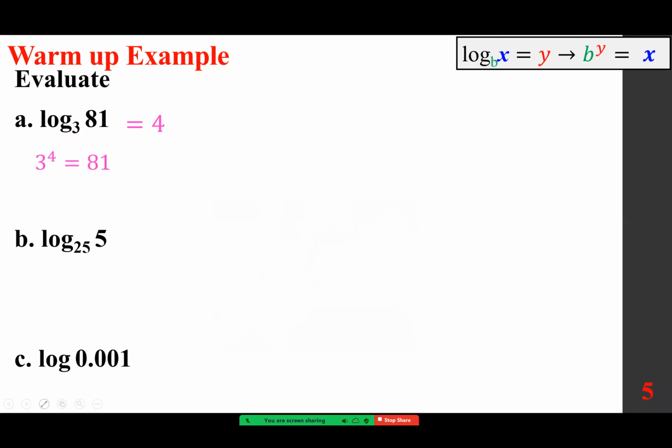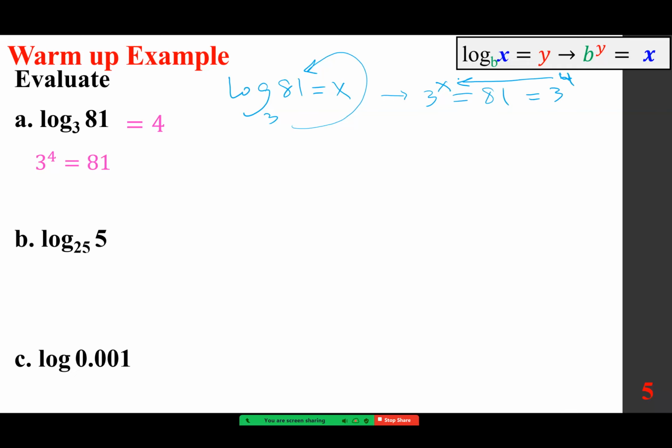However, we could actually work it out in the following manner, and we write log base 3 of 81. I don't know what the answer is, so I'm going to call it x. And now by definition, I'm going to write 3 to the power of x is 81. I know 81 is 3 to the power of 4, so x must be 4.